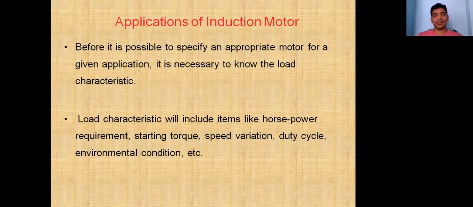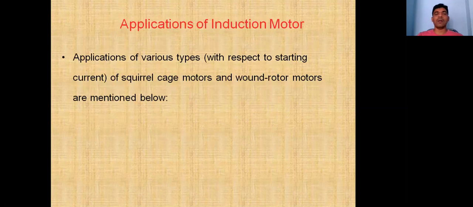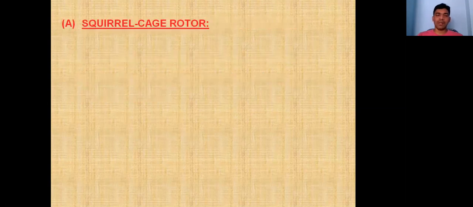Load characteristics include terms like horsepower requirement, starting torque, speed variation, duty cycle, environmental condition, etc. Applications of various types with respect to starting current of squirrel cage motor and wound rotor motor are mentioned below.